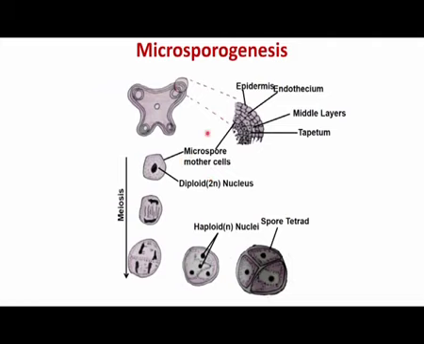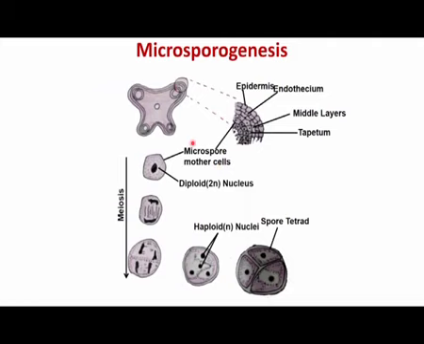So, the microspore mother cells are formed from the sporogenous tissue. The sporogenous tissue present within the pollen sac divides multiple times, and that gives rise to the microspore mother cells.